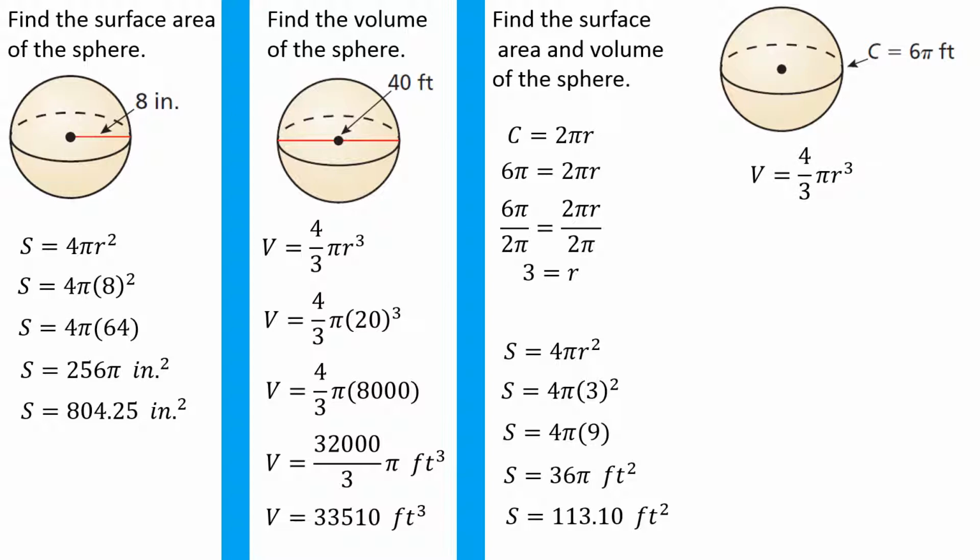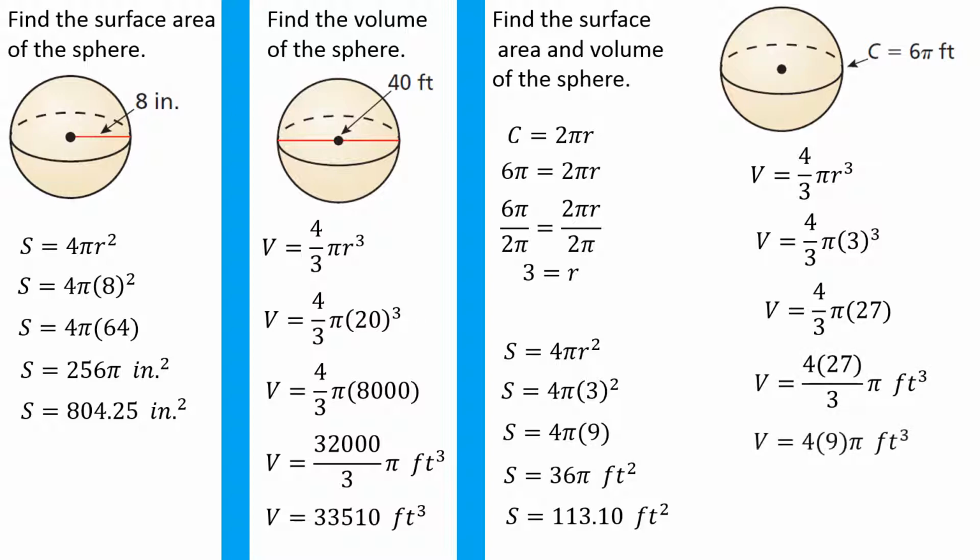Volume, 4/3 pi r cubed. 3 times 3 times 3 will get me a 27. Hey, 27 divided by 3 is 9. No, I still have to deal with that times 4. 9 times 4 is 36.